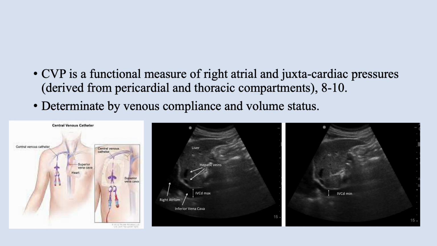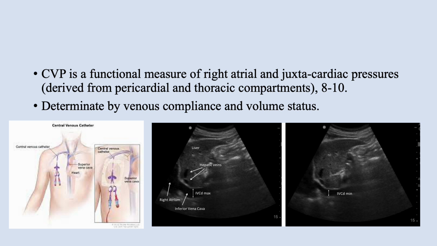There are two main ways to measure the central venous pressure. The first one is by direct catheter guidance. You insert a catheter in the internal jugular vein or subclavian vein, and this catheter tip should be level with the tricuspid valve, at the end of the superior vein, at the beginning of the superior vena cava.